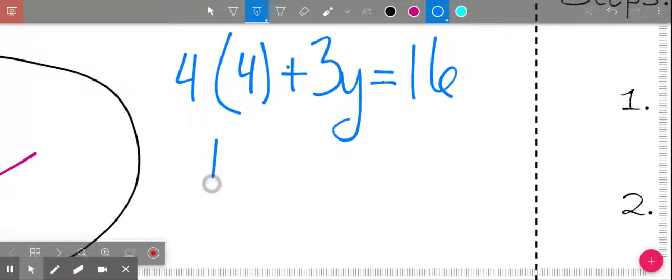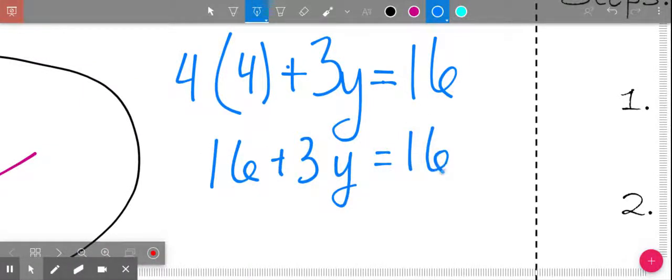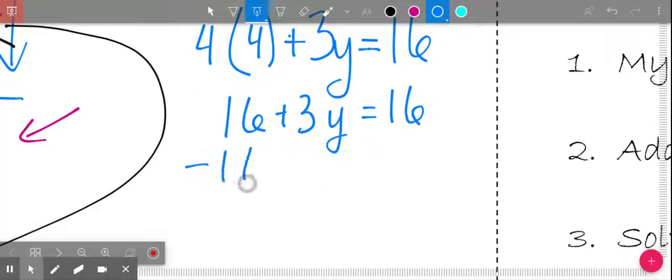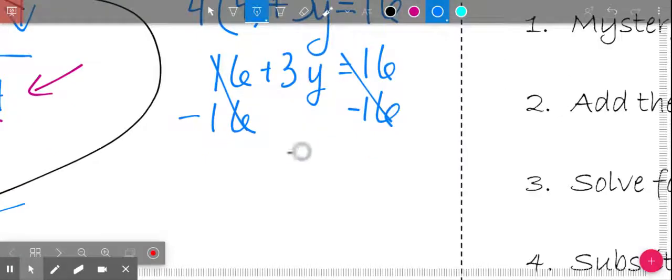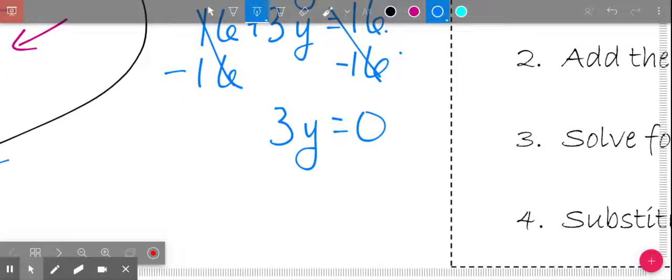4 times 4 gives me 16. Plus 3y is equal to 16. We're going to subtract out the 16. Those will cancel. So we'll have 3y is equal to 0, because 16 minus 16 gives me 0. 3 times y, to get rid of the 3, we have to divide the 3 out.